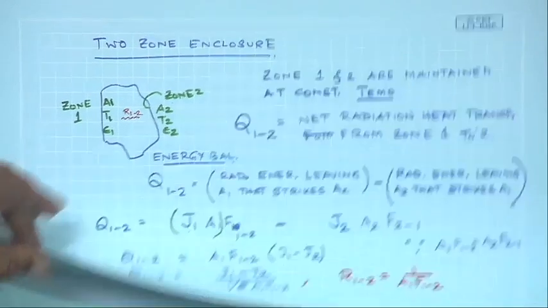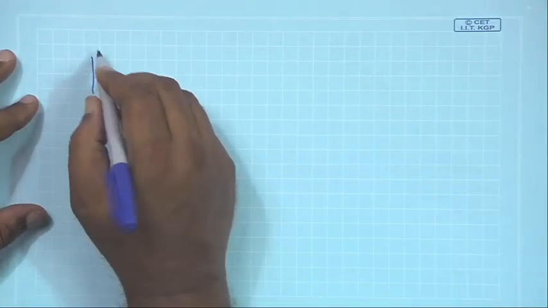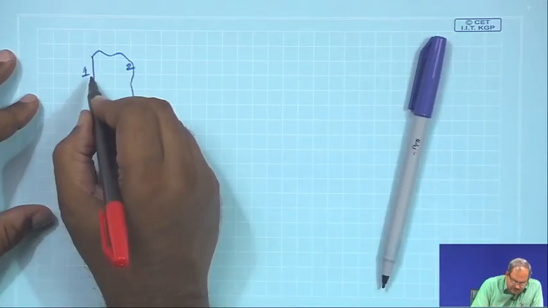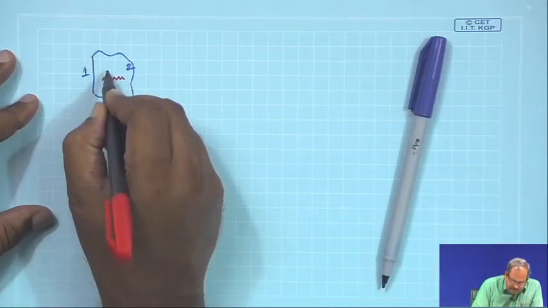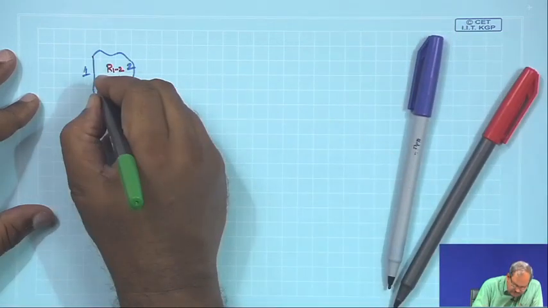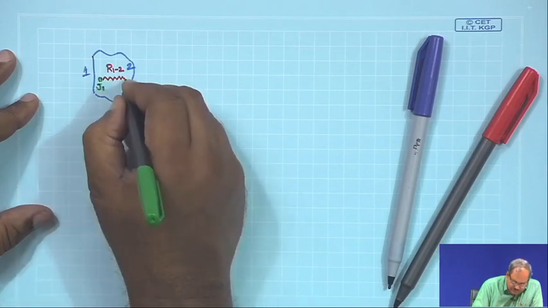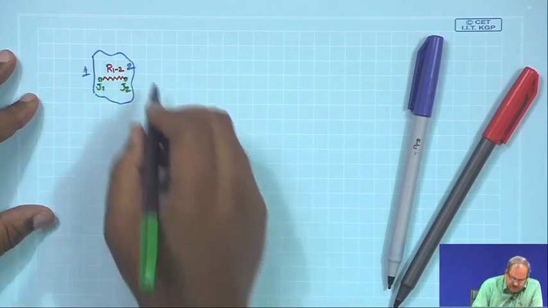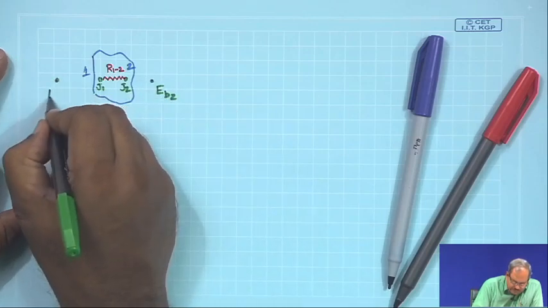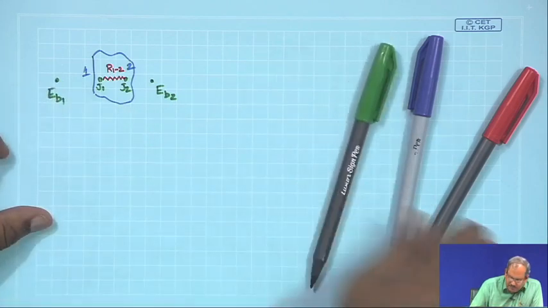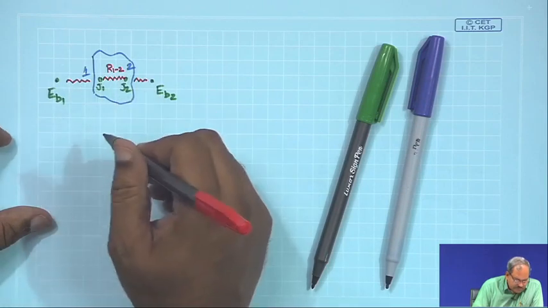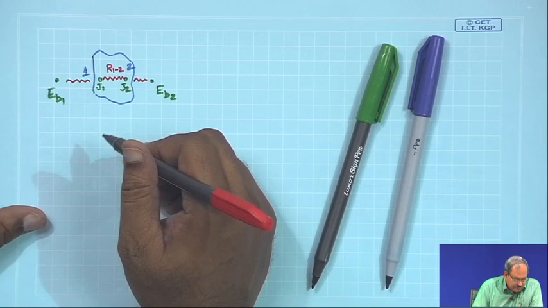So, when we think of this surface once again, this is my 1 and this is my 2, in between I have R1 to 2, the potential at this point is J1, the potential at this point is J2, and if I have assumed these to be black bodies with potentials EB1 and EB2, then the resistance in between these two is what we have defined before.